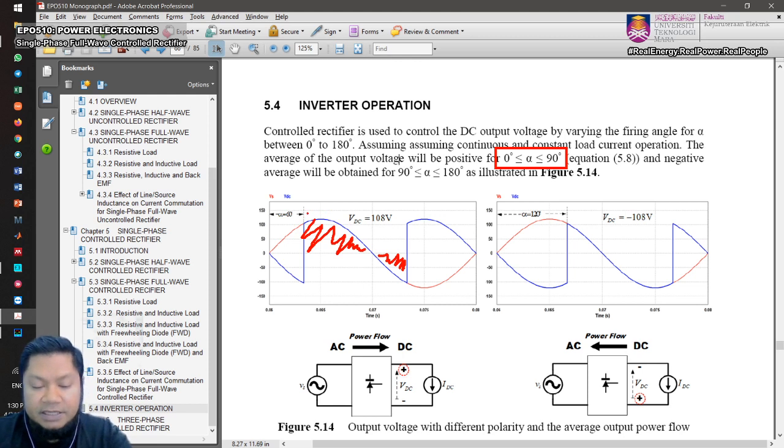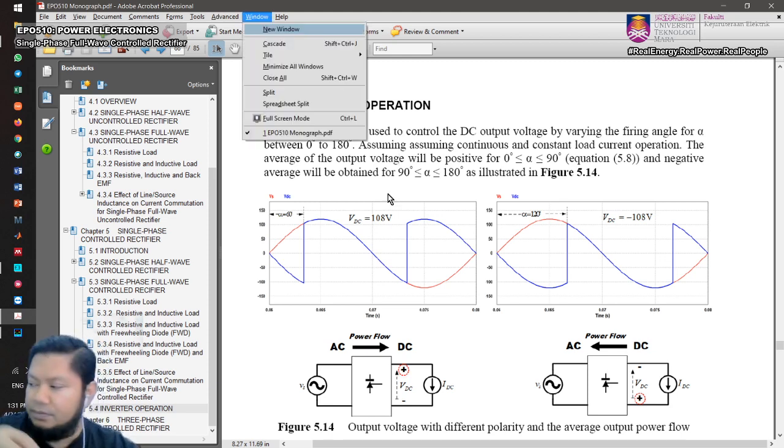For example, in this example here, we have alpha equals 60 degrees, and the DC output voltage becomes 108 volts.